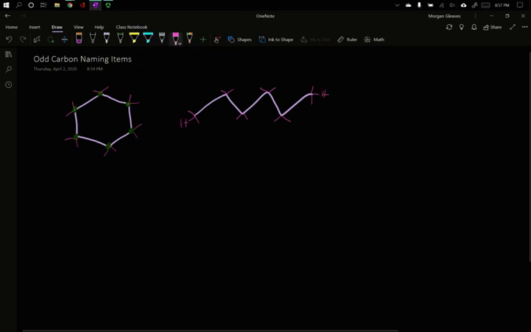So there's these 1 extra hydrogens out on either side. This gives us a formula of C6H12 versus C6H14. So to turn a carbon chain into a ring, we have to remove those end hydrogens and then bond the carbons to each other.